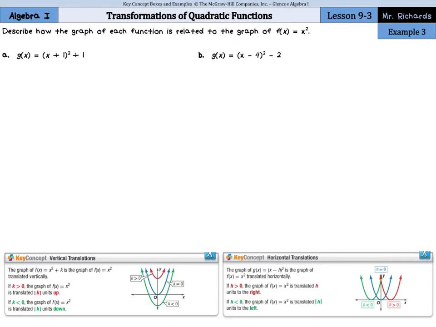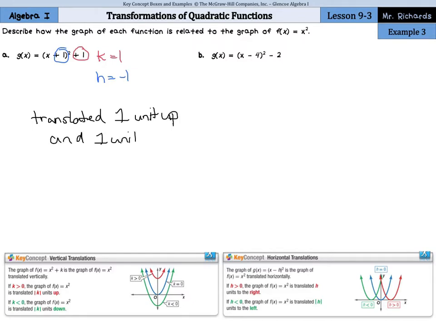And now we get to combine. g of x equals x plus 1 squared plus 1. We're going to combine our vertical and our horizontal translations. So our k in this example is equal to 1, and our h is equal to negative 1, since it's the opposite of that. So this is going to be translated 1 unit up and 1 unit left.